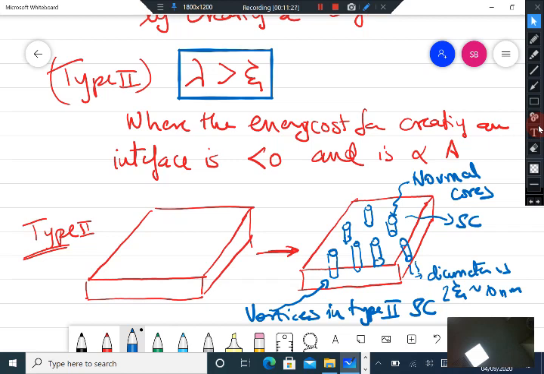There are microscopic cylinders of normal regions, almost like thin strings, just a few tens of nanometers thick, which are enclosed in a superconducting medium, and this creates multiple interfaces. The interfacial area drastically increases as you create more and more vortices, and the energy keeps on getting minimized.